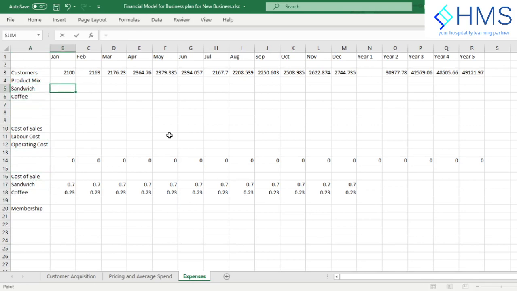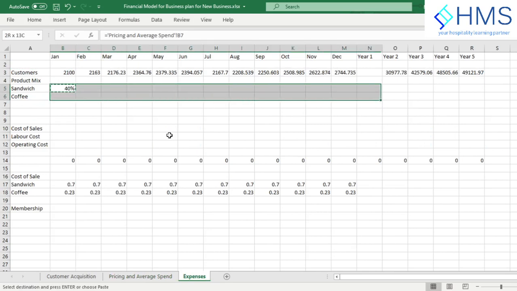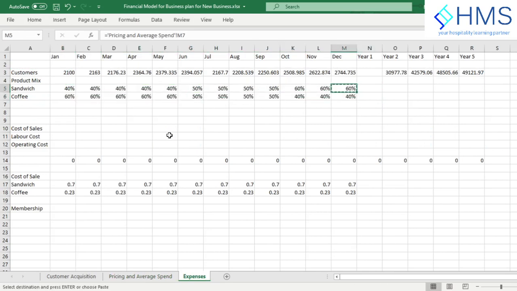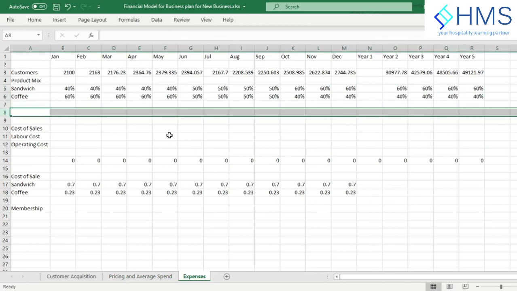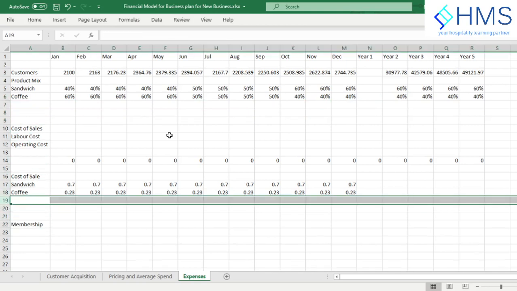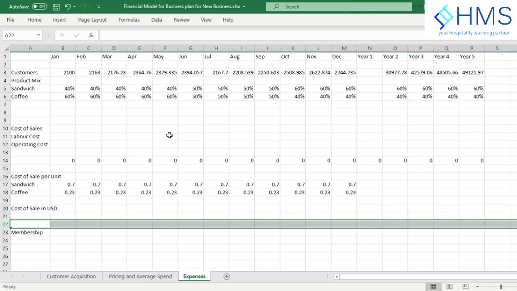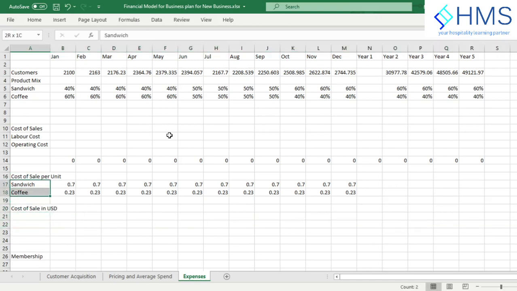So the sandwich is 40%, coffee is 40%, and then copy this. That means for the number of units sold, you will be able to check the cost of sales per unit. So the cost of sales in dollars: we have to label every expense so that we can calculate it.